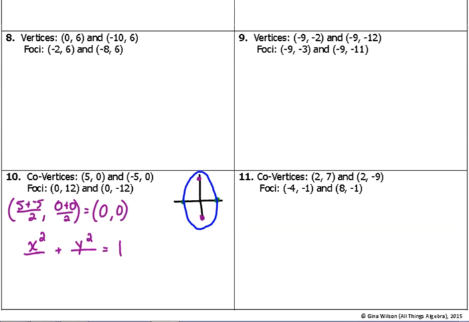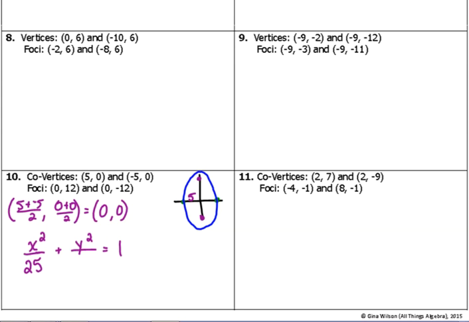We're going to find A and B. This one's vertical, so y squared is going to be over A and x squared is going to be over B. Our distance for our minor axis is 5, so x squared is going to be over 25.